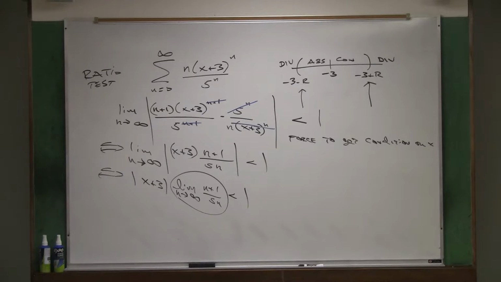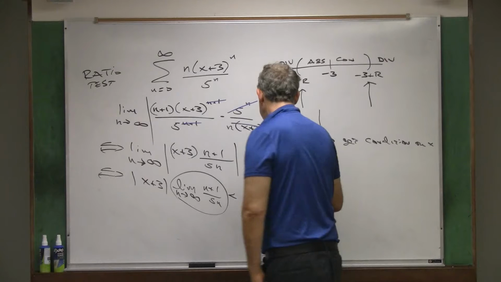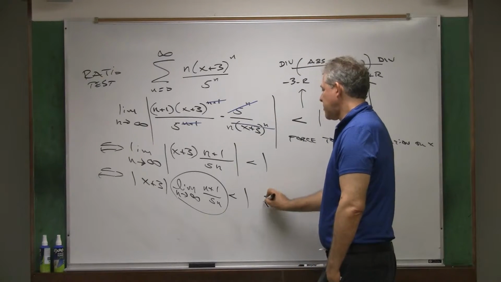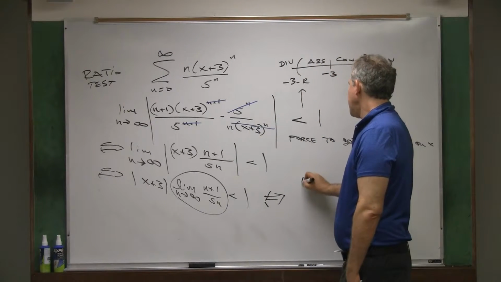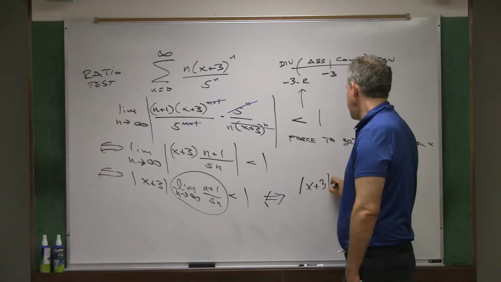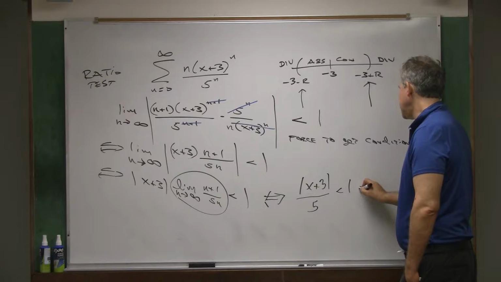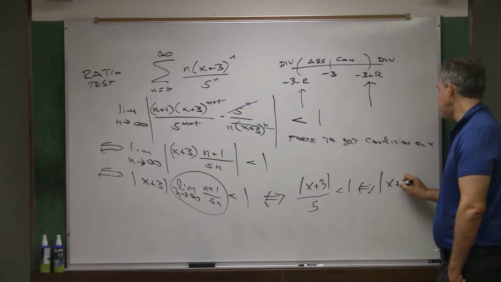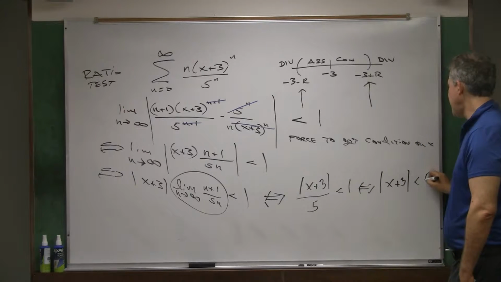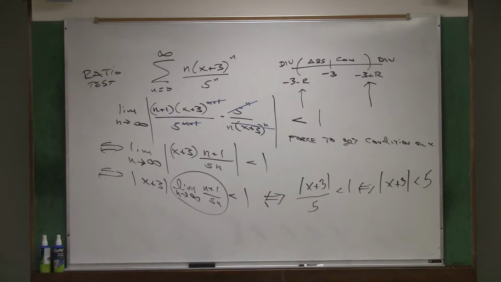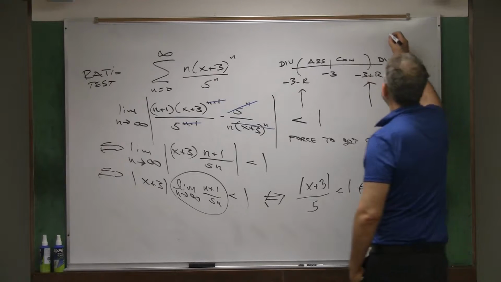So now we've got the condition: all of this is true if and only if the absolute value of x plus 3 divided by 5 is less than 1, which is the same as saying the absolute value of x plus 3 is less than 5. So what's our radius of convergence? 5.